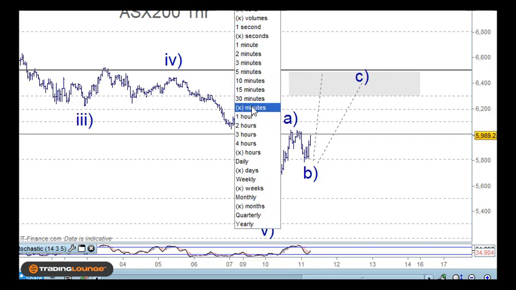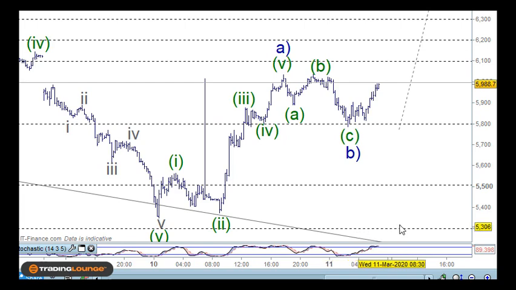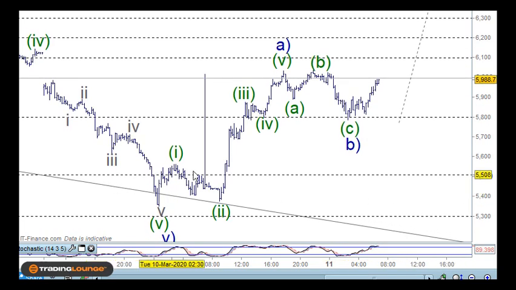On the 15-minute chart, this is what it looks like on the low here. I'm not sure what this spike is, but 1 ABC for 2 here, 1 and 2 and 3 and 4 and 5 here for wave 3, ABC for 4, well, that 4 can move over, and 1 and 2 and 3 and 4 and 5 here for the A wave, the A, the B and the C wave here, and now we're moving higher.